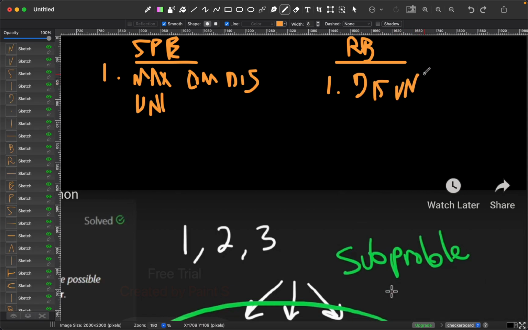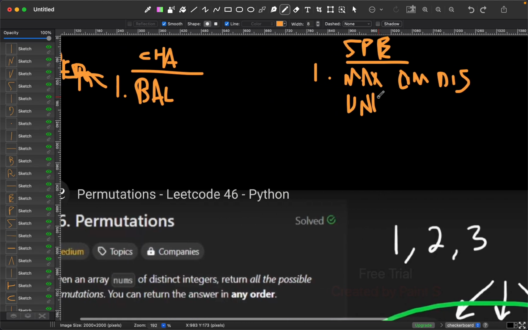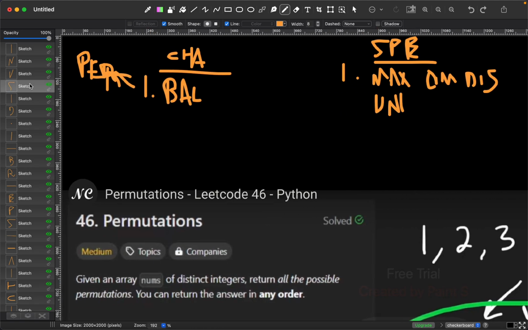So the moment you think about that, you can straight away think of permutation, backtracking, right?